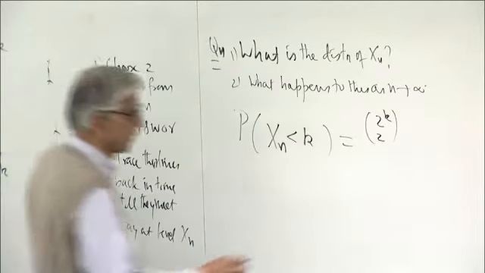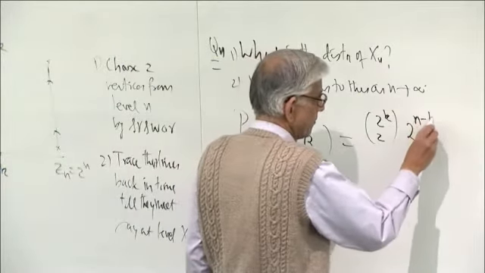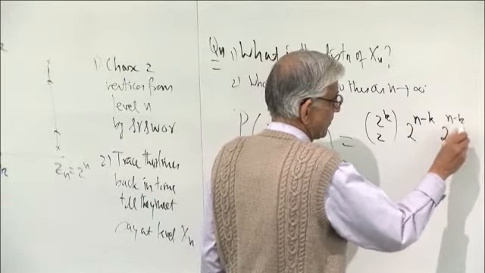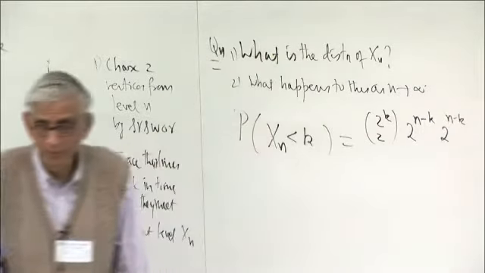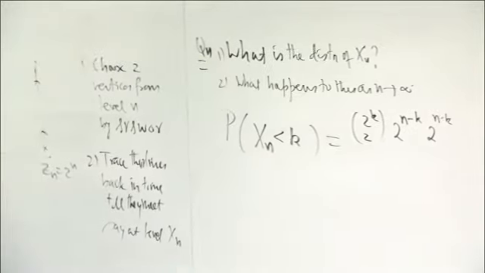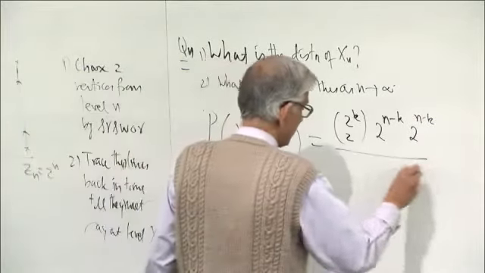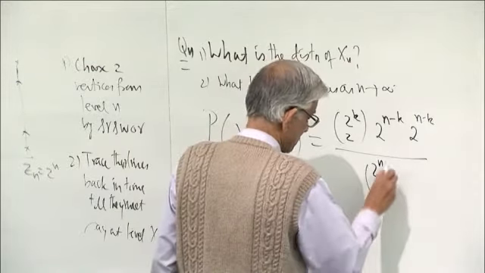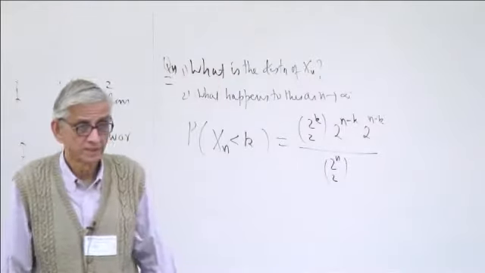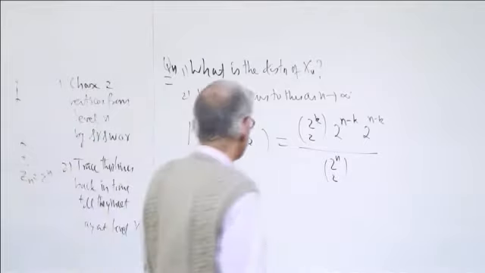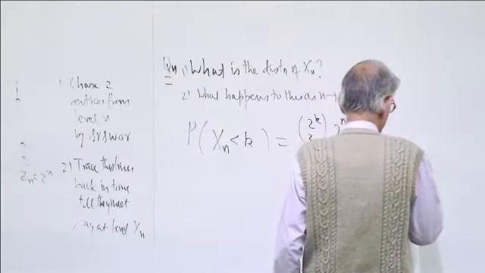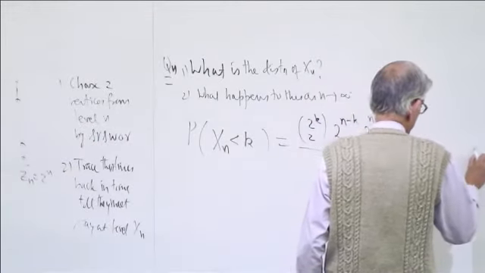So there are 2 to the n minus k times 2 to the n minus k favorable ways of producing X_n less than k, divided by the total number of choices, which is 2 to the n choose 2. So this is the exact probability for k equal to 1, 2, all the way up to n.